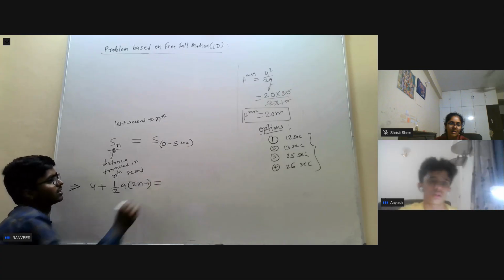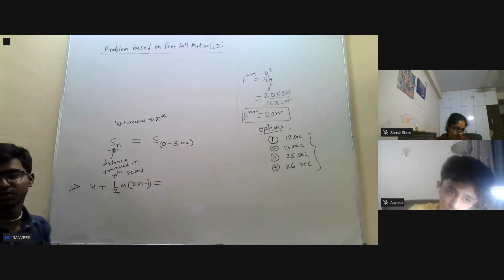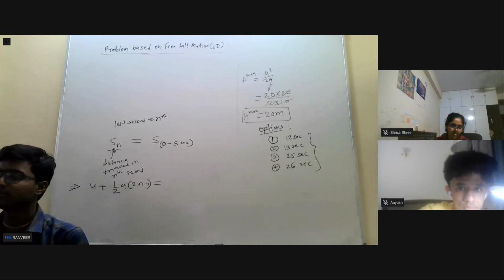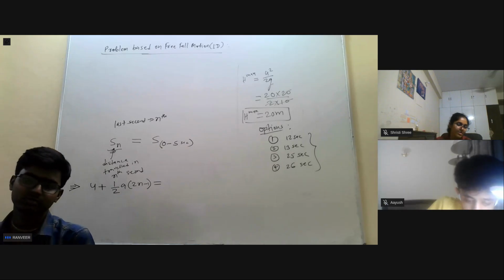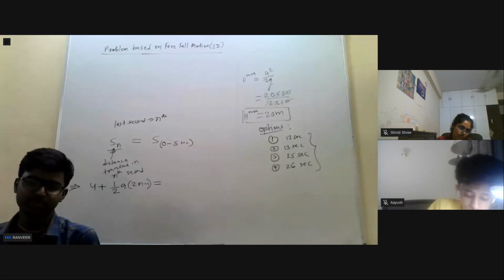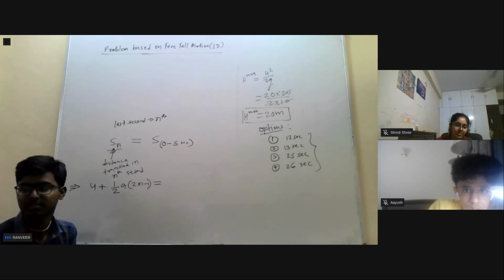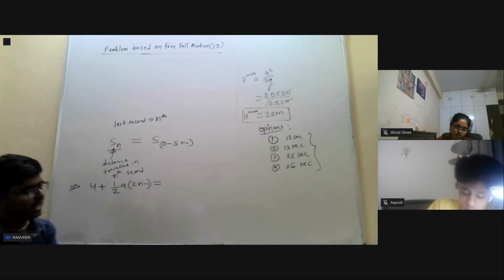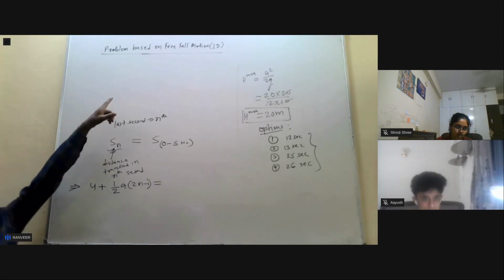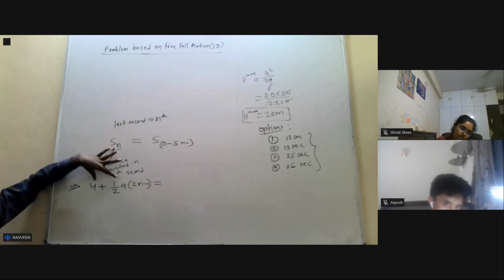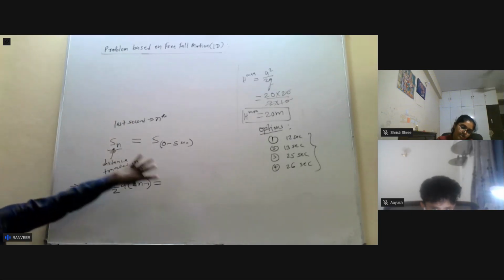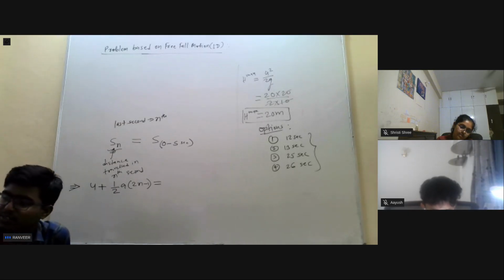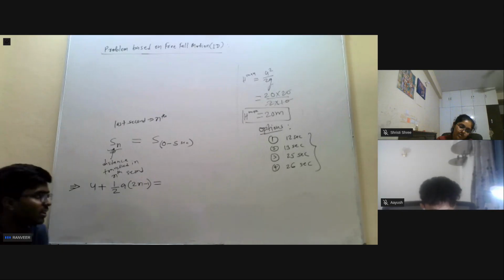Is it 2n minus 1 or 2n plus 1? Check in your notebook. It's 2n minus 1. This is an important formula. The last question that was solved, that Sn, you can directly apply this formula. This is equal to 20. Okay. What is that? Minus 1.